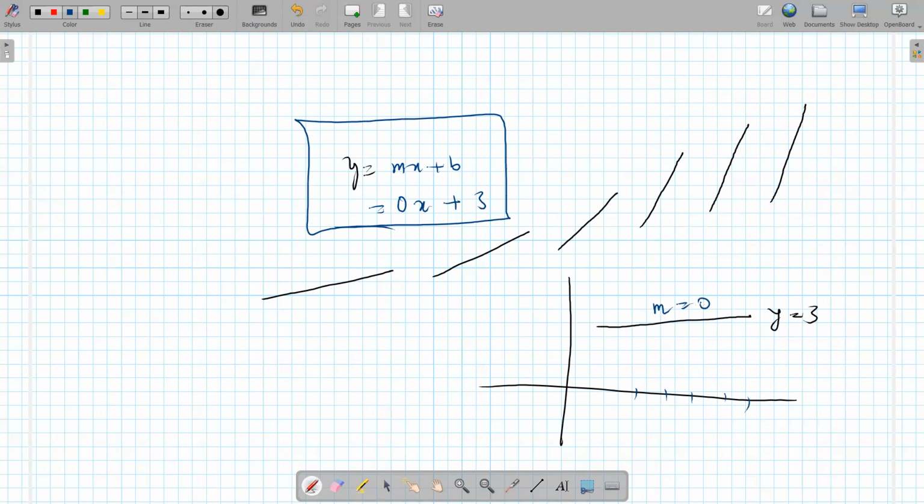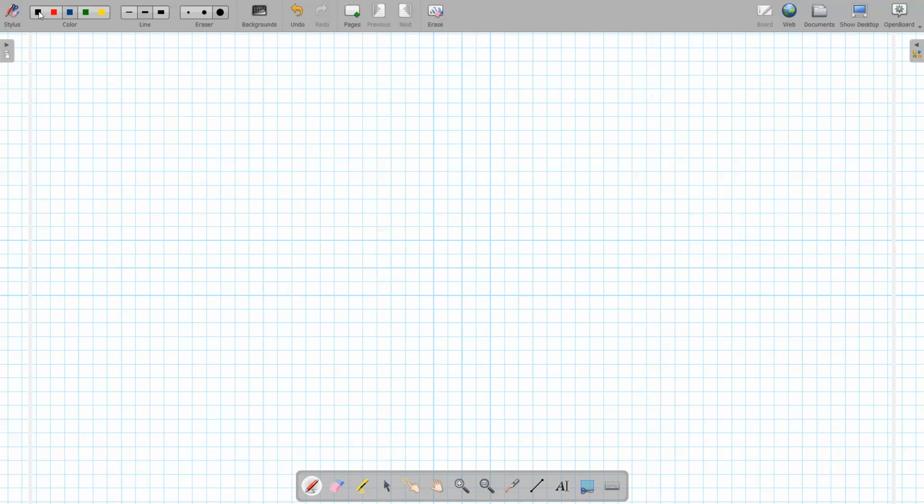What about the slope of a vertical line? Let's say you have x equals to 3. What's the slope of this line? Is it still 0? Here, let's do this. I'll show you why it's 0 for one of them, and maybe it's 0 for the other, or maybe it's not. Let's go back to this example.